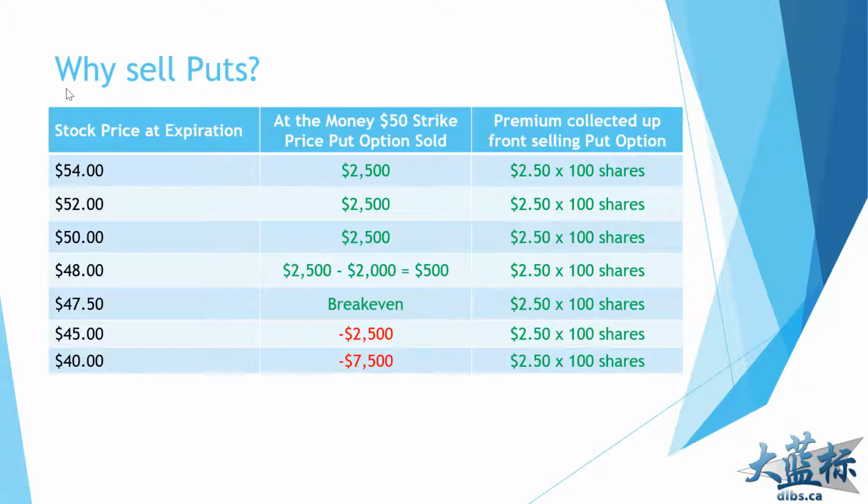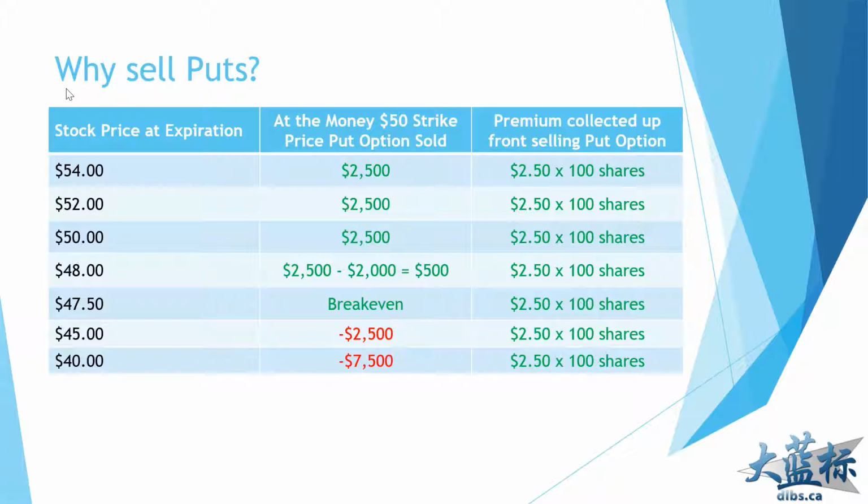If even it goes to $48 and you were forced to buy the shares at $50, you've taken a $2 loss, but you've taken $2.50 per share in premium. So your net gain, you're still ahead by 50 cents per share, which is $500. Your break-even point is actually at $47.50.